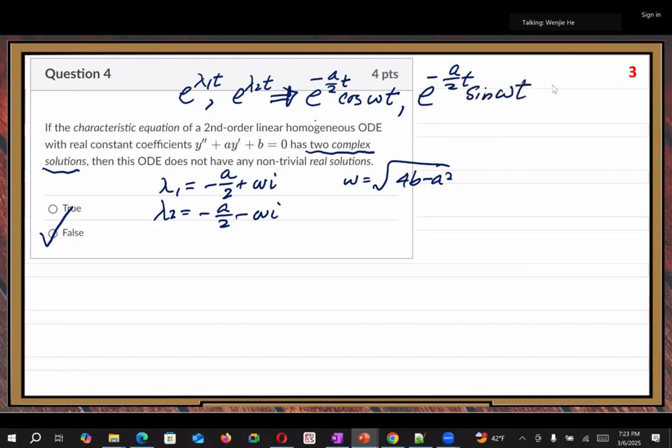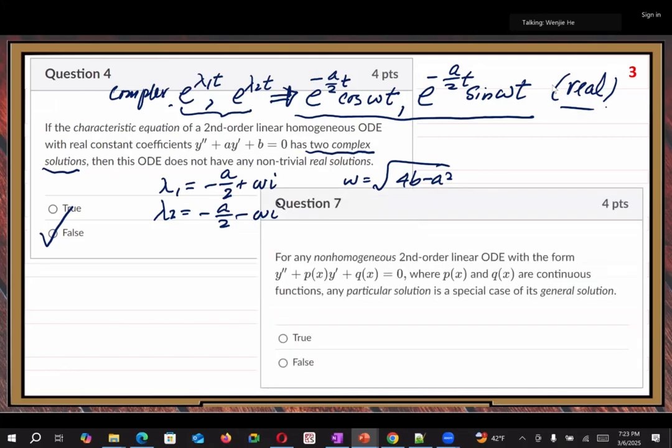They're two real solutions. So that's the point. Non-trivial.